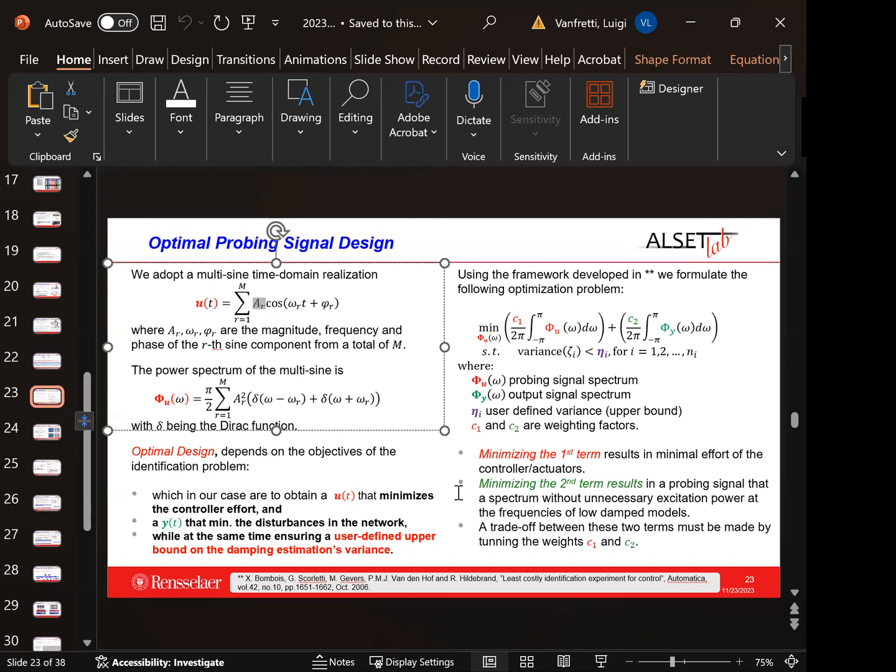Okay. So what we have preset is theta U, the type of the signal.